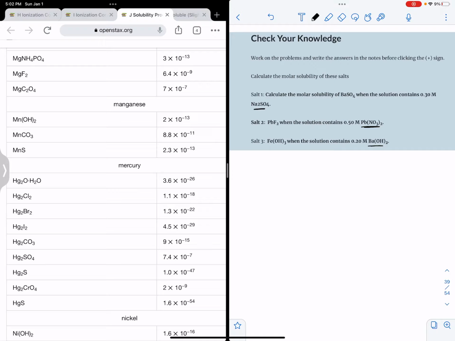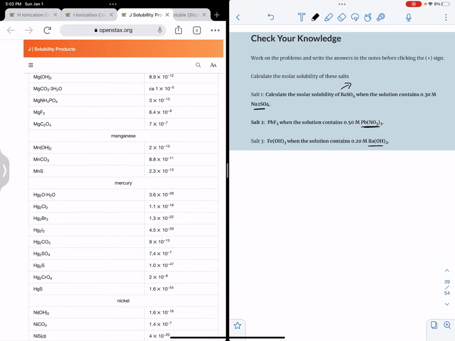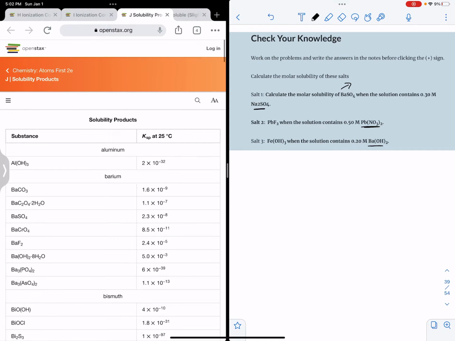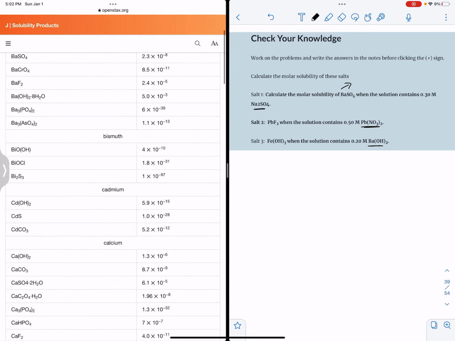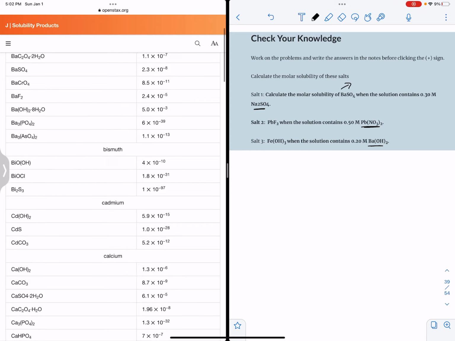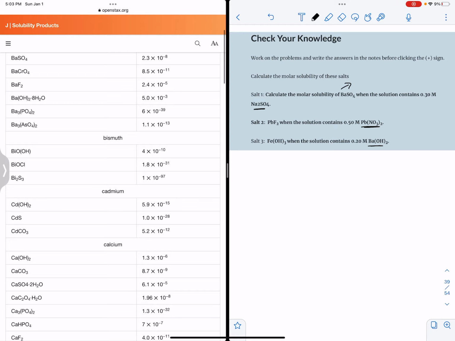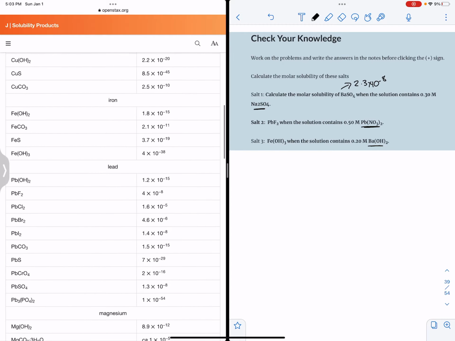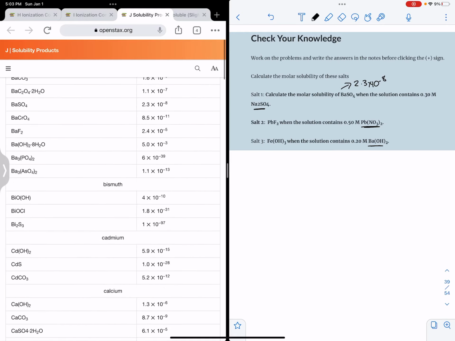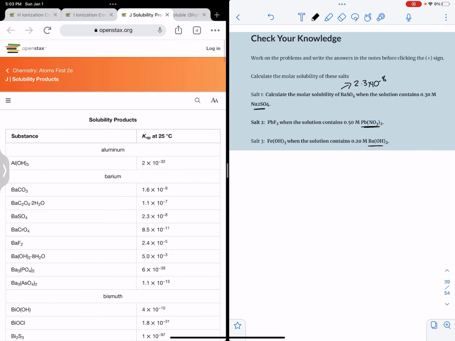So the KSPs that I need, I'm going to need this one's KSP. So Ba, that's going to be at the top. There it is. That one's KSP is 2.3 times 10 to the minus 8th. Now I need to find lead and iron.